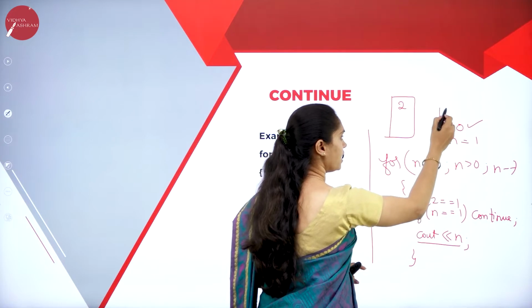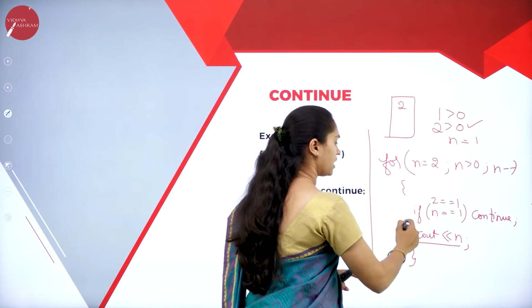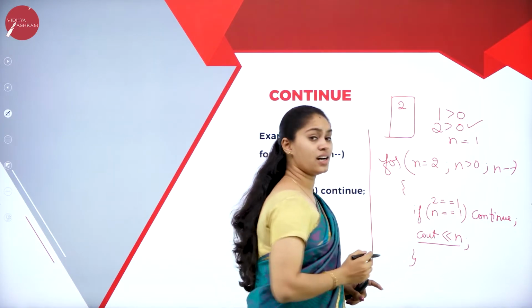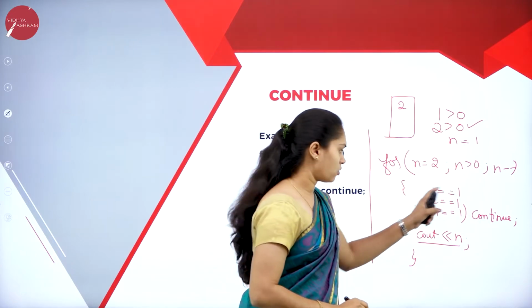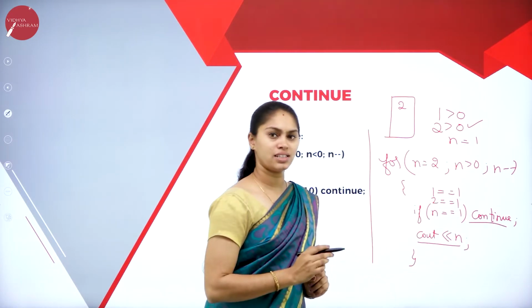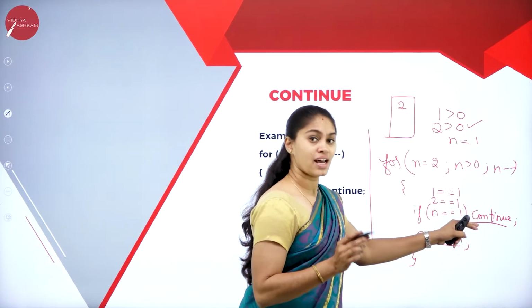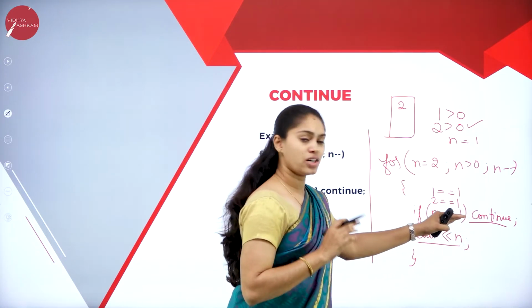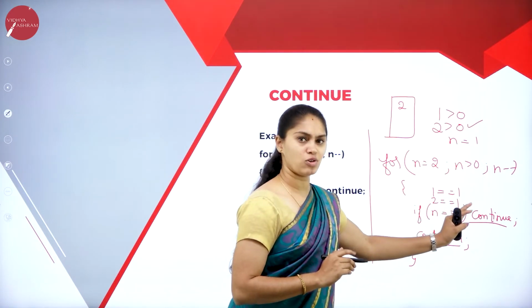Again I check whether 1 is greater than 0. Yes, it is true, so it comes inside and checks the condition: is 1 equal to 1? Yes, so we encounter the continue statement. When I encounter continue, I skip this second iteration, which has the value 1.